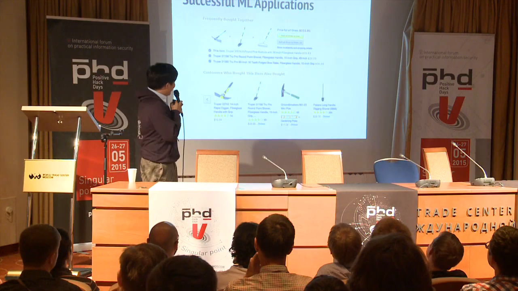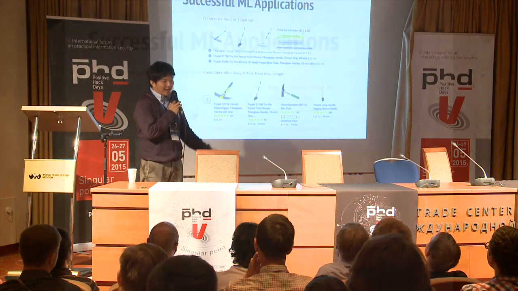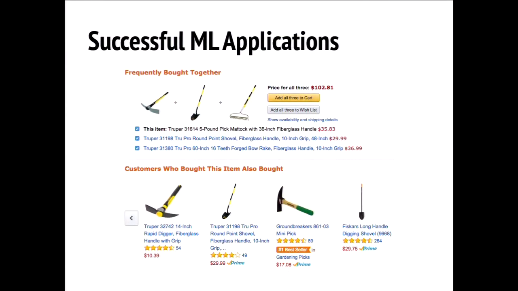So machine learning has been used in many successful applications, including recommender systems. This one is taken from a big US site, Amazon.com. For example, if I bought a hammer and they're trying to recommend other stuff that I might like, maybe they think I like to break things, so they recommend a lot of hammers and shovels and stuff like that.